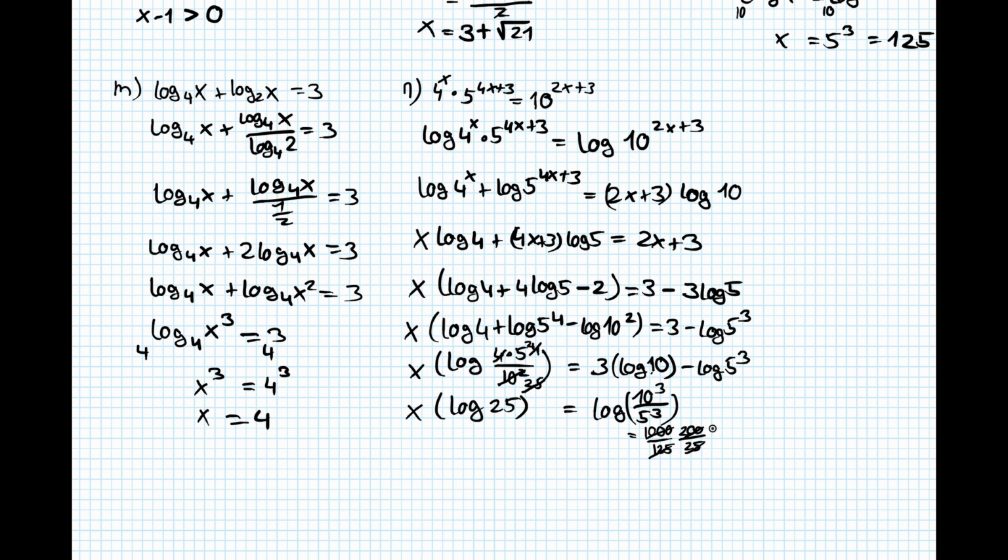By 5 again, it's 40 divided by 5. 40 by 5 is just 8. So this is log 8. X equals to log 8 divided by log 25. And that, using the change of base rule, we can simplify this now to log base 25 of 8.